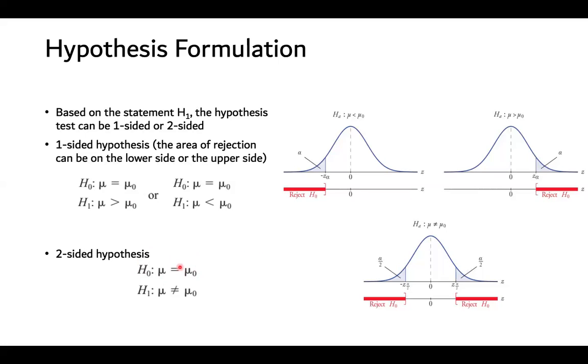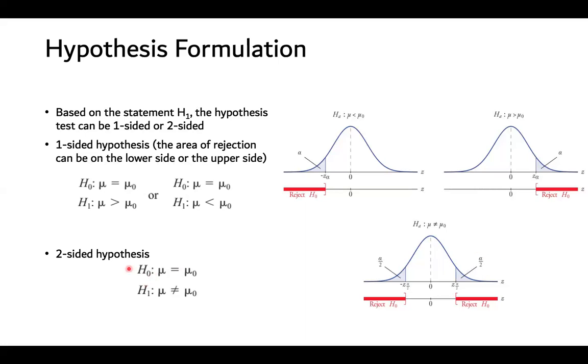With that significance level alpha, it should range between this value and that value, where the area of rejection should be alpha divided by 2 on each side.